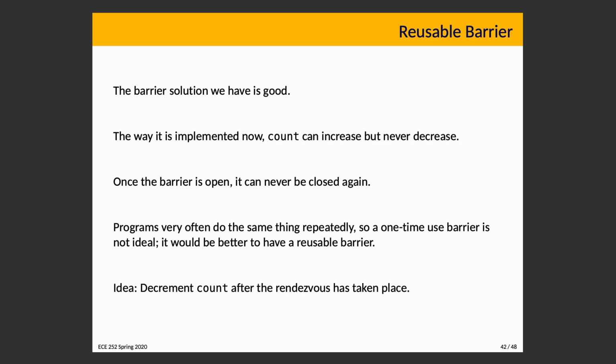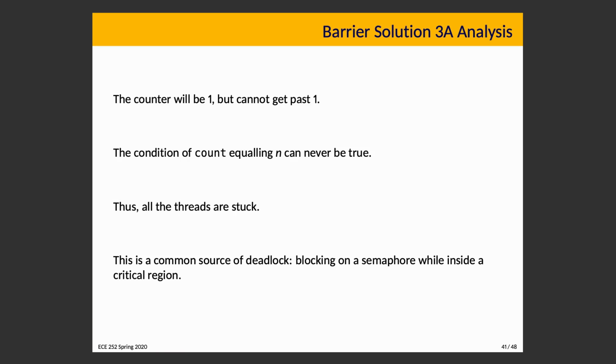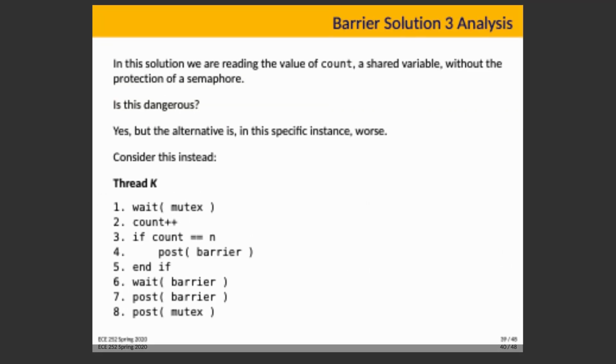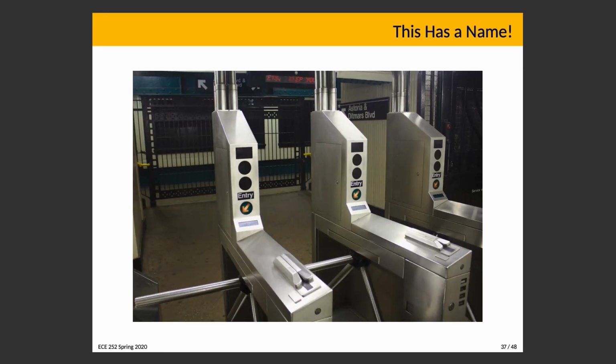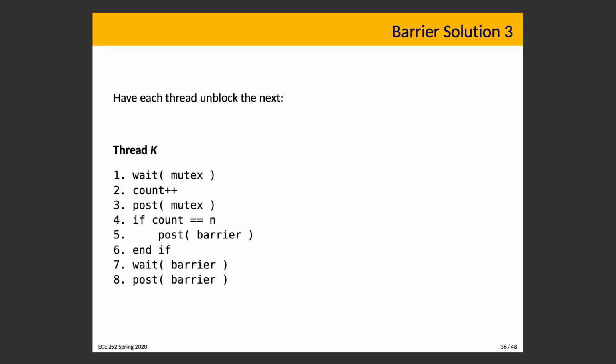So let's do that. One of the things that tells us that the barrier, as we've seen thus far, is not reusable is that our wait and post statements are actually not in balance. If I go back to the barrier situation where we don't immediately deadlock with the turnstile, we actually have one extra post here, because if there are 10 threads, 10 of them wait at the barrier, 10 of them post, and there's an 11th post here on line 5.